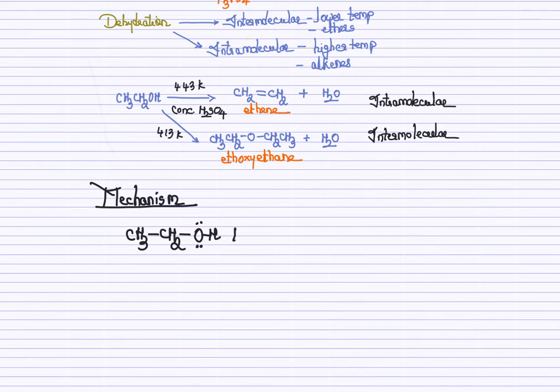Why would we try to protonate ethanol? I have already told you that by doing so, we can convert OH into a good leaving group, and at the same time also generate a strong positive charge on carbon.